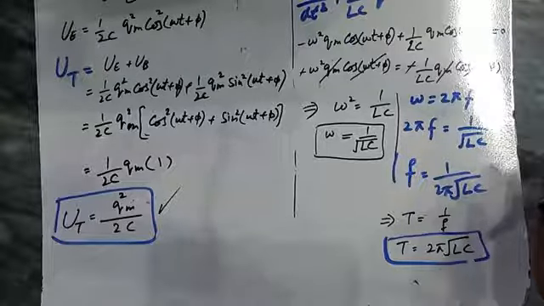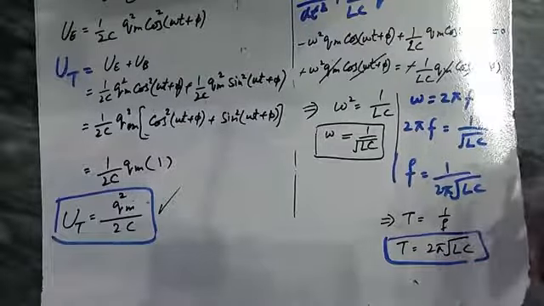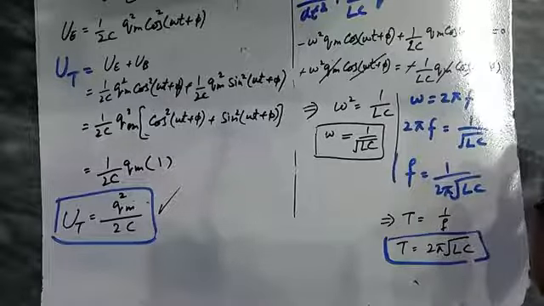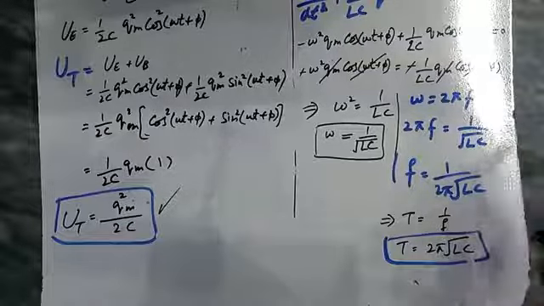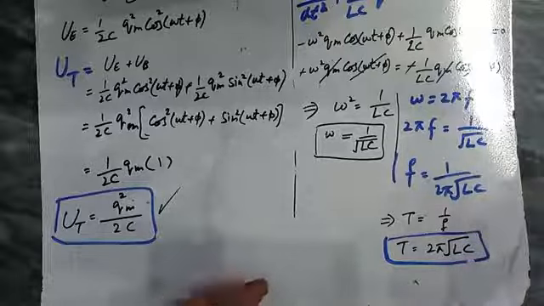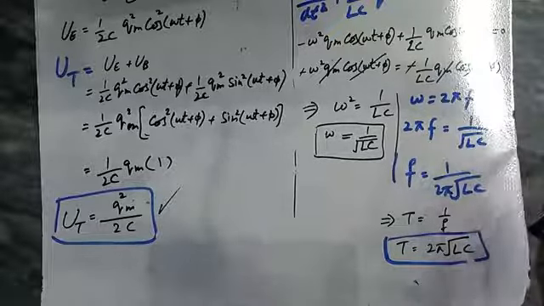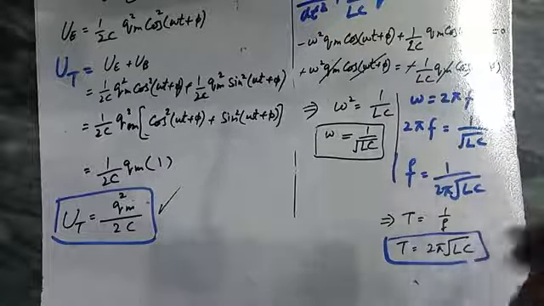If we place a resistance in the LC circuit, then when current flows through the resistance, some energy dissipates and total energy cannot remain the same.